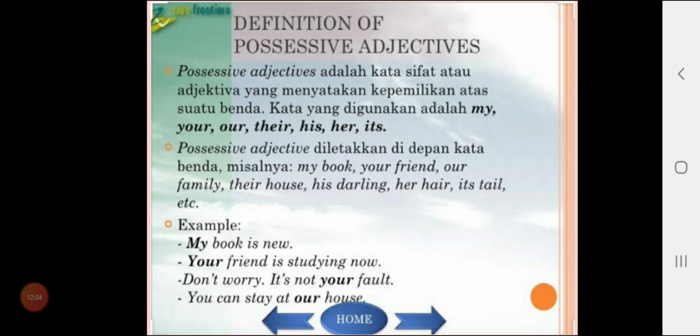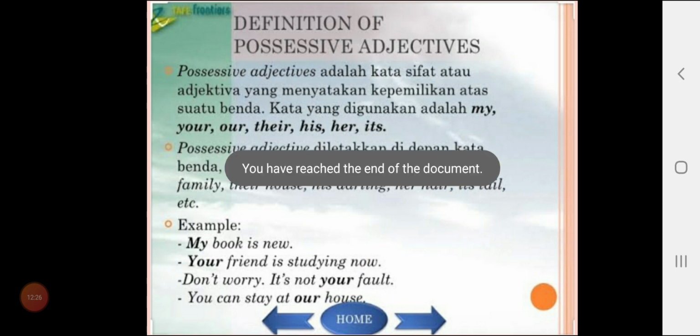So the word my is a possessive adjective. Your friend, वो बता रहा है कि तुम्हारा friend है, वो ownership possession बता रहा है. तो word जो your है वो possessive adjective है. Don't worry, it's not your fault, you can stay at our house. So you have to be very careful between all these things.